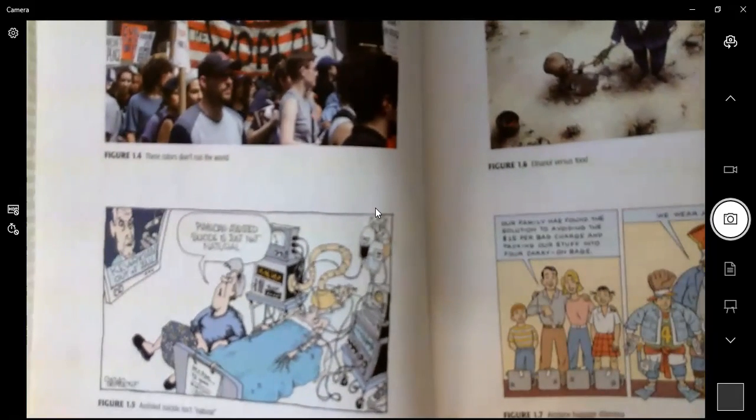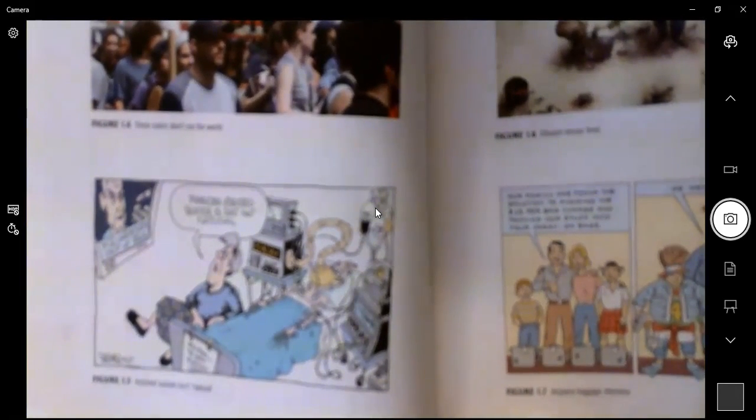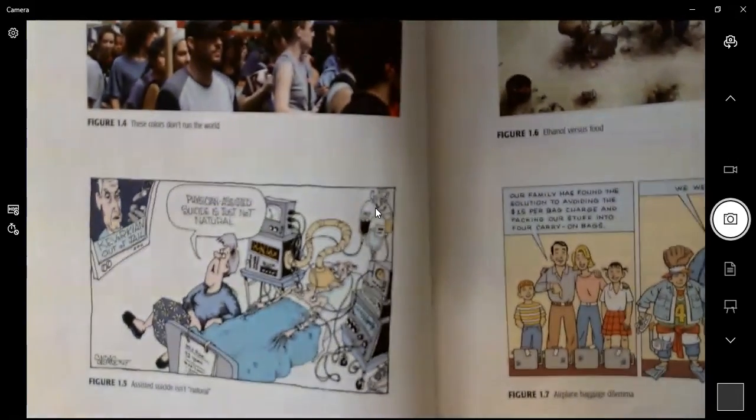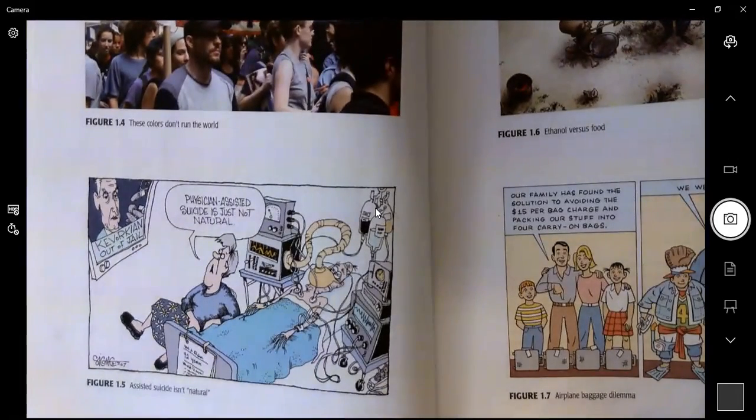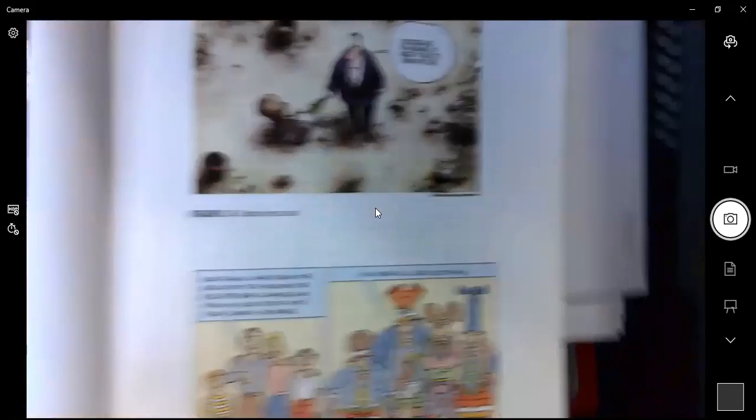This is that euthanasia argument that you have probably heard before. And we've got a political cartoon. So that's the context behind that. Jack Kevorkian was a physician famous for doing this and getting convicted of murder. Figure 1-6.